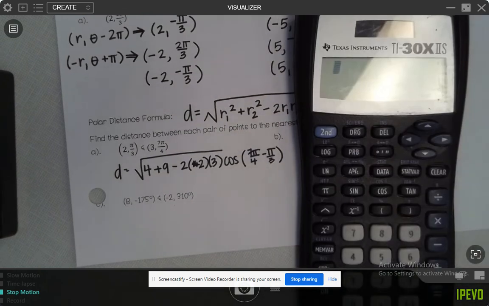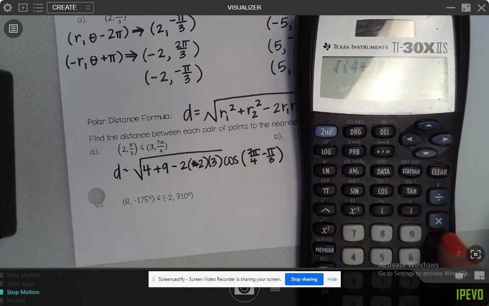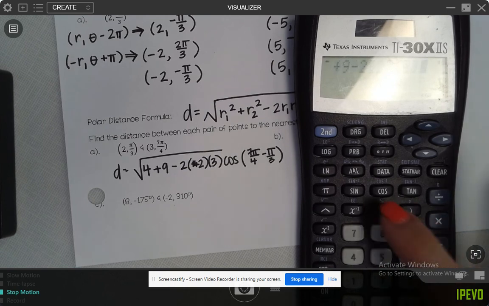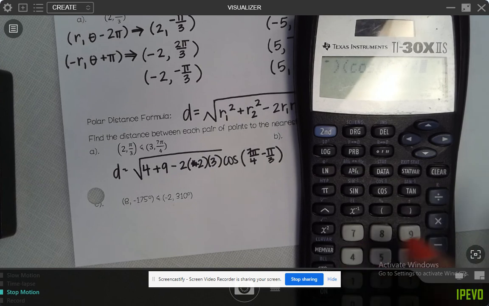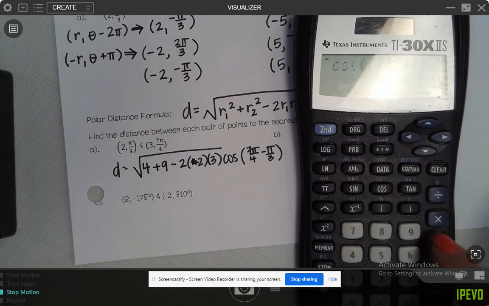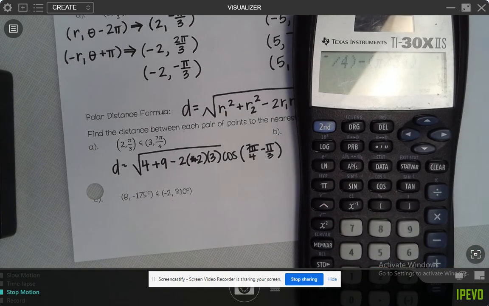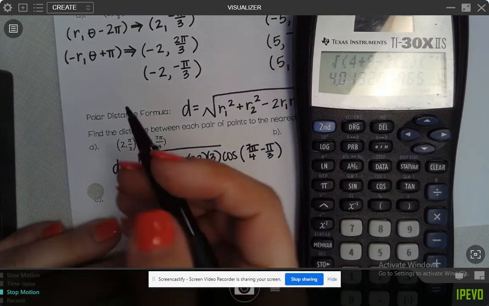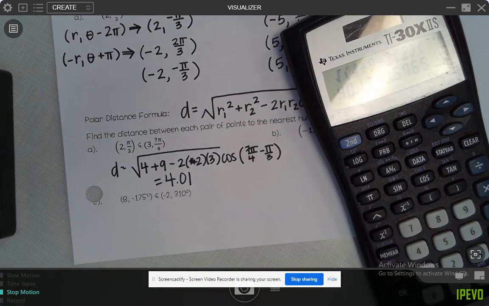So it will look like this: square root of 4 plus 9 minus 2 times 3 times the cosine of 7 pi over 4 minus pi over 3. 4.01.